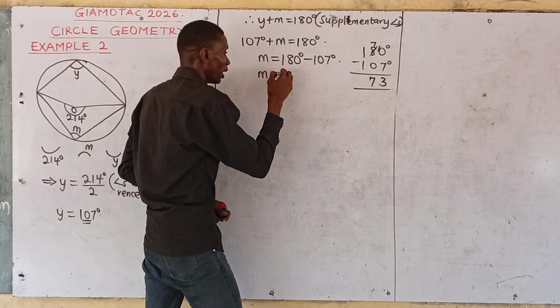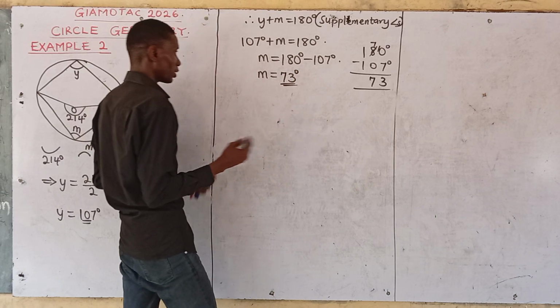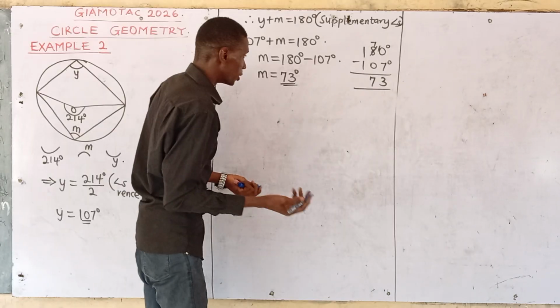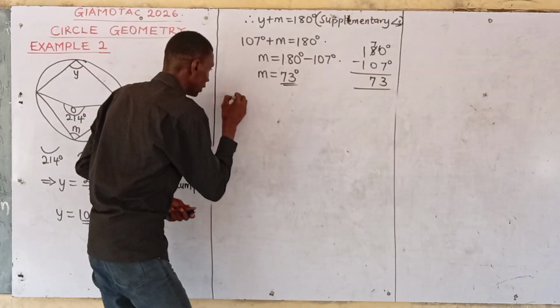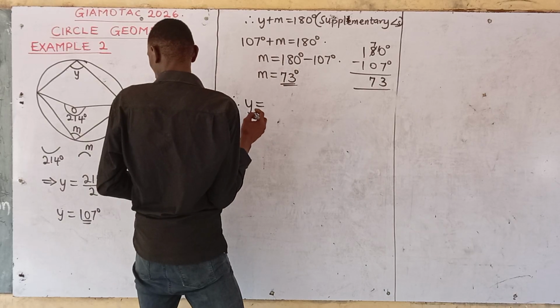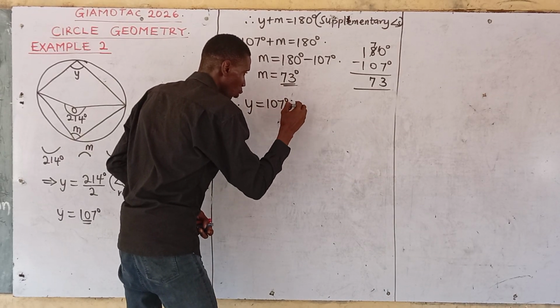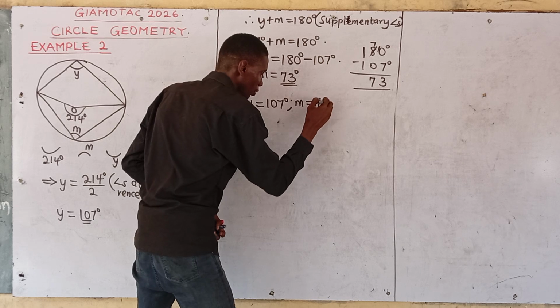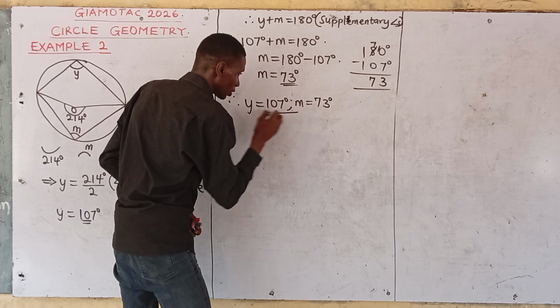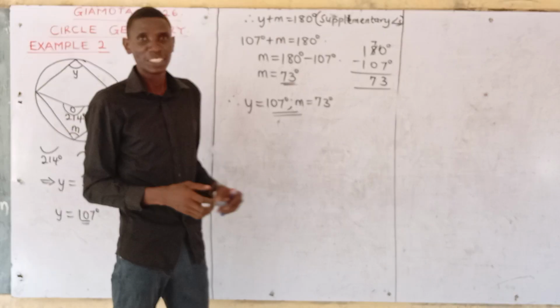So this implies that my m is equal to 73 degrees, and you are done with your question. My y is equal to 107 degrees, while my m is equal to 73 degrees. That is how you solve your question.